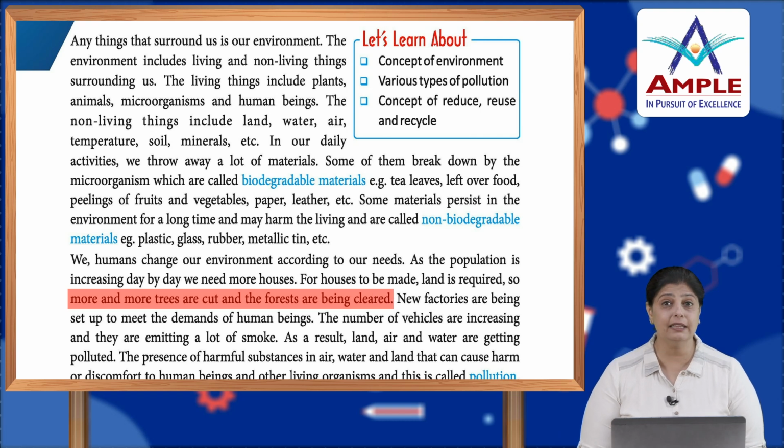You must have seen that even when you go to any mountainous region, nowadays houses are made anywhere and everywhere, isn't it? That is because it is made on the basis of the need of the person. So, in order to fulfill their own need, human beings have started cutting the trees, and they have started clearing the forests.